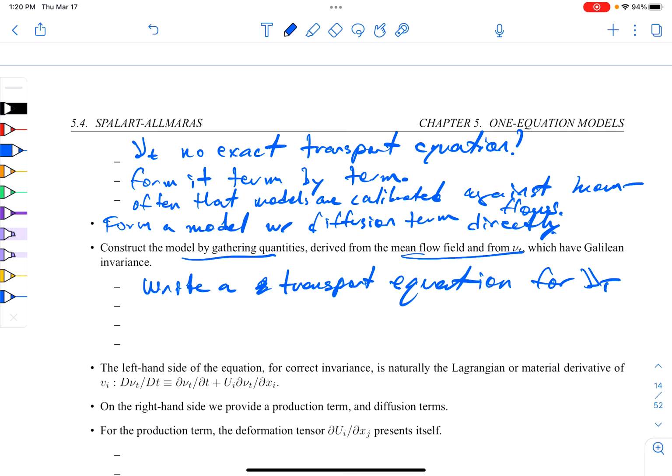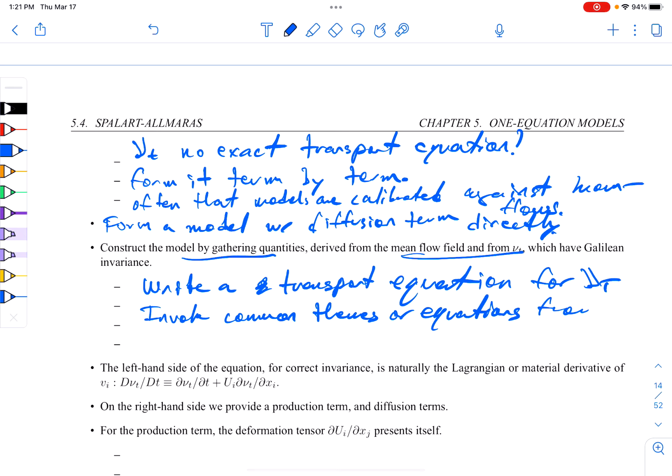And then they basically invoke common themes or equations from past models and experience.